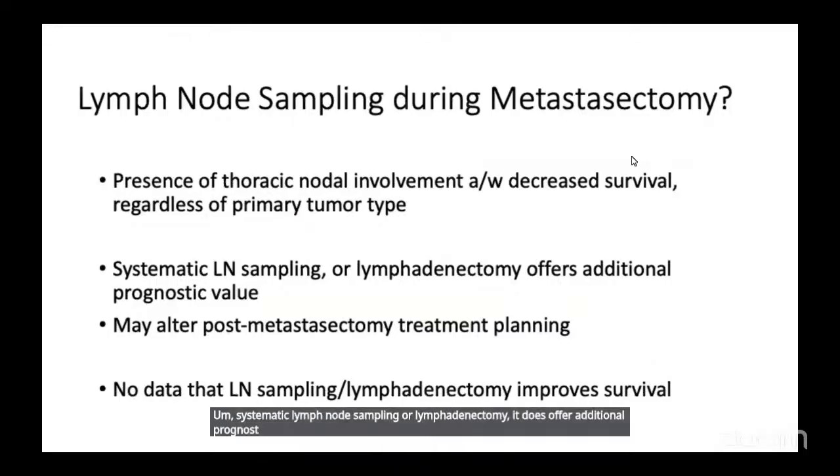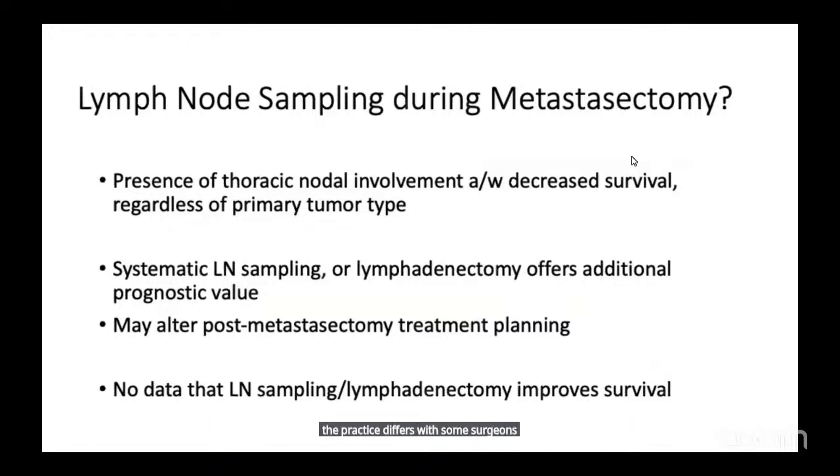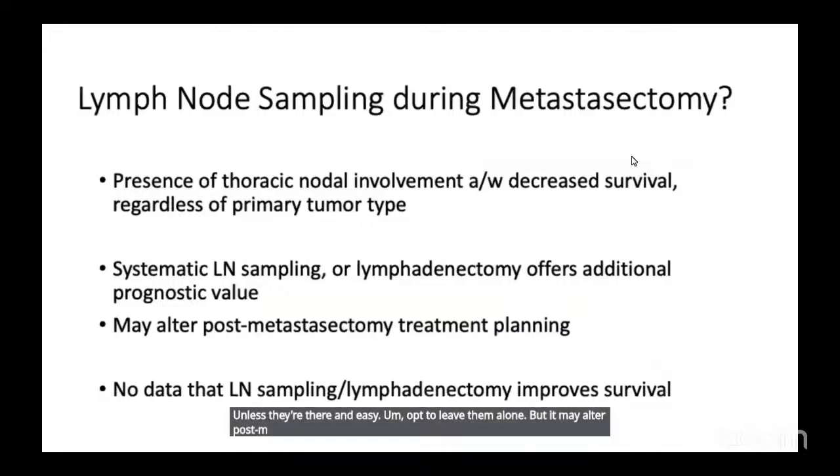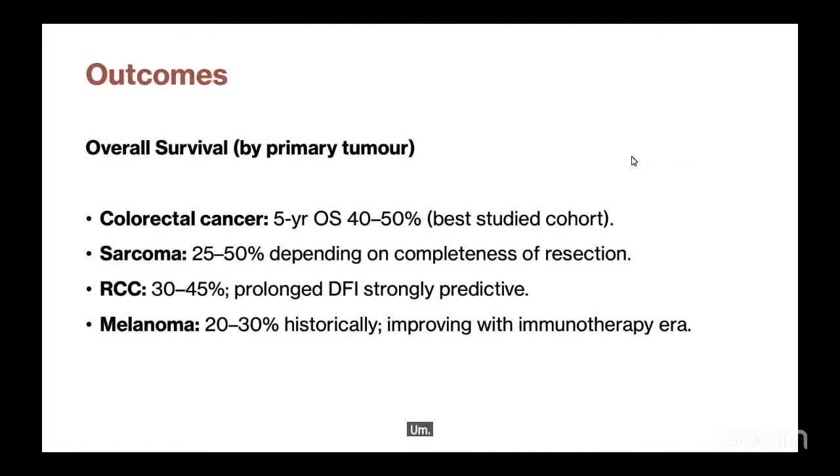However, across centers the practice differs, with some surgeons, from my reading, going for those lymph nodes, while others, unless they're there and easy, opt to leave them alone. It may alter post-metastasectomy treatment planning. However, there's no data to support that sampling or lymphadenectomy improves survival.